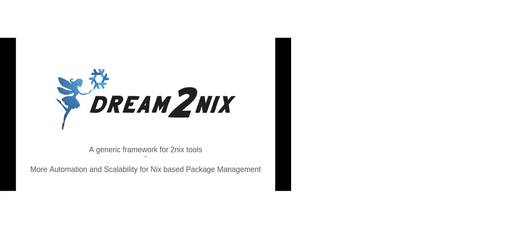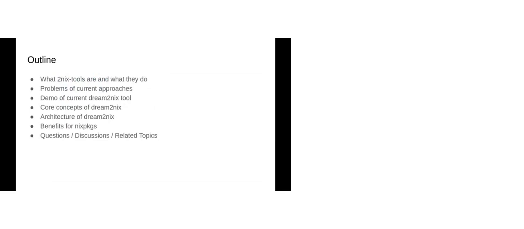All right. So quickly, the outline of my talk. First, I'm going to explain a little bit what to-nix tools are and why we need them. Then I want to talk about the problems of the current to-nix tools. Then I want to start with a quick demonstration of the current dream2nix tool to give you an idea of what it does and how it works.